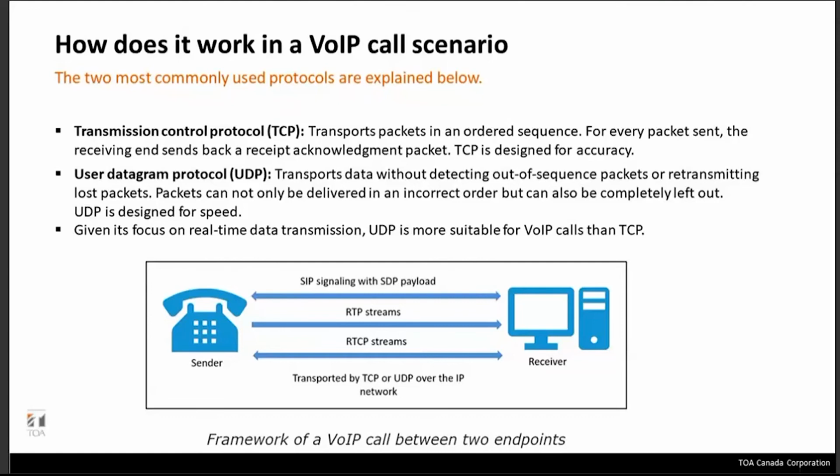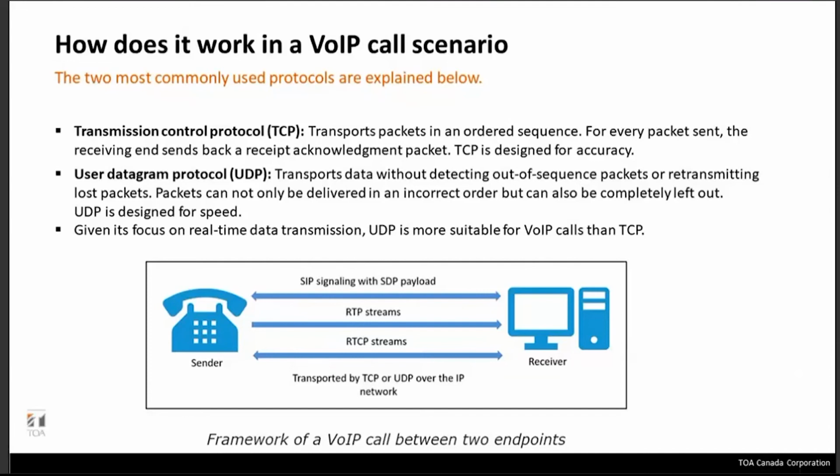You can see in this diagram when the SIP signaling is communicated, it sends the SDP. SDP is the Session Description Protocol, which shares what kind of bandwidth and how much. Once that is negotiated, the stream is opened from the sender side to the receiver side, and then you have the RTCP stream.